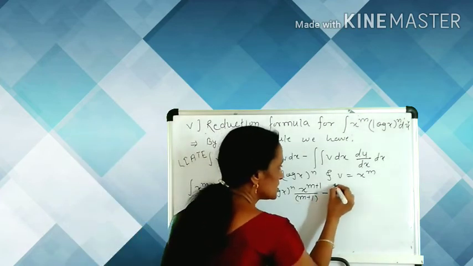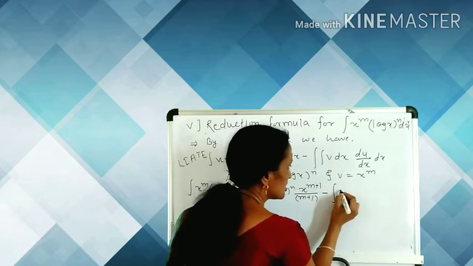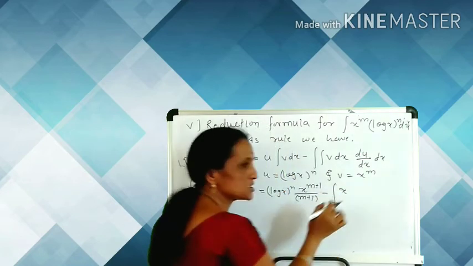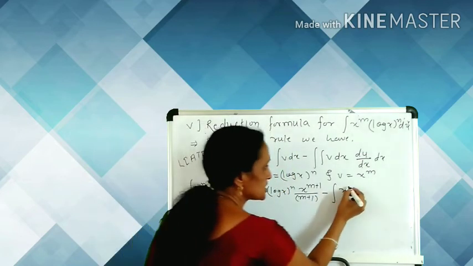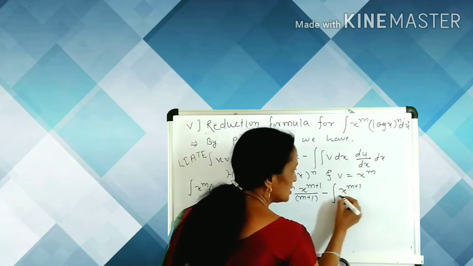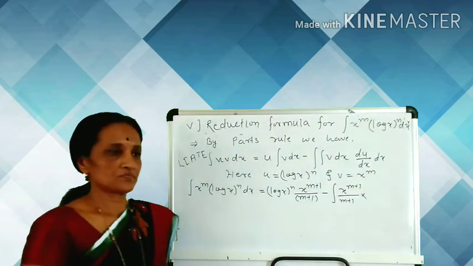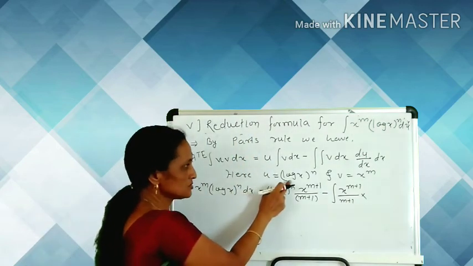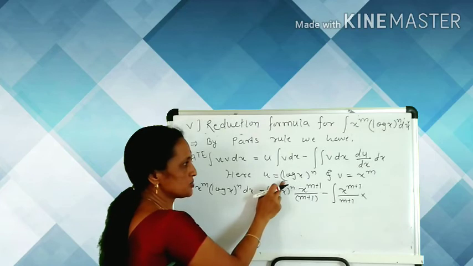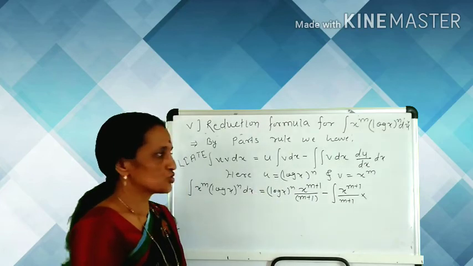So we get x raised to the m plus 1 divided by m plus 1, minus the integration of that multiplied by the derivative of the first function, log x raised to the n.